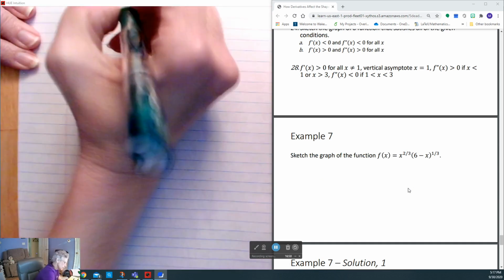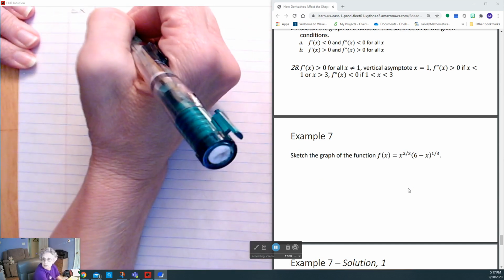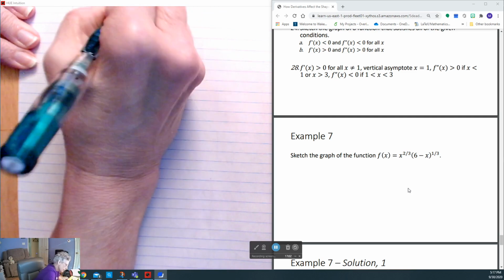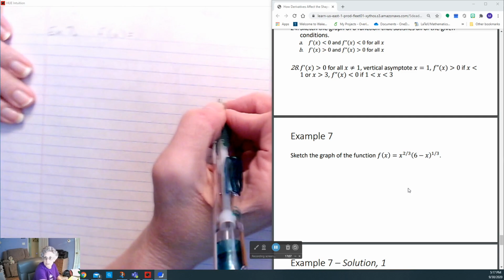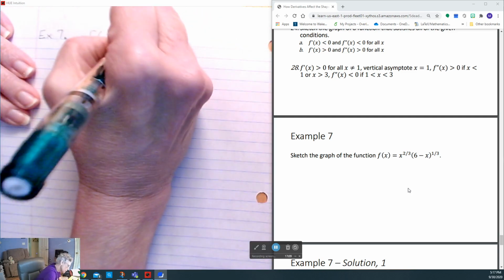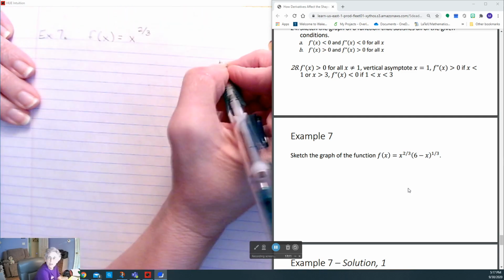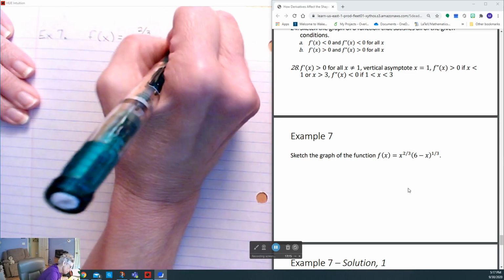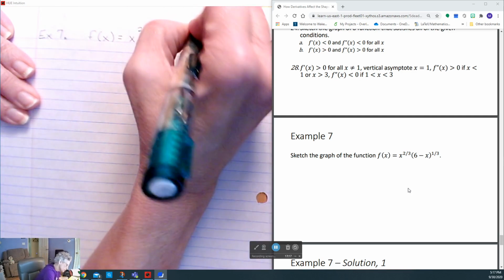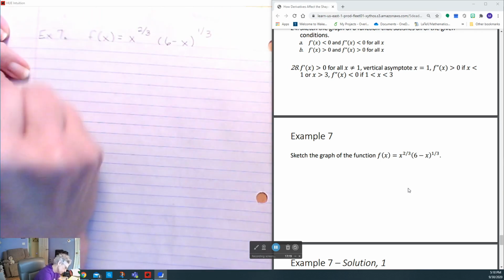Example 7. So first thing I would look at is where it crosses the x-axis, because it's really easy to figure those out. It's going to cross the axis at 0 and at 6.